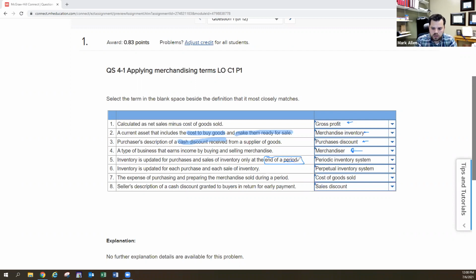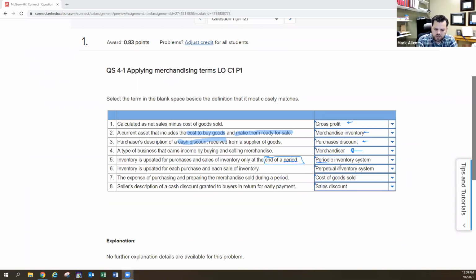We see the word period here. This is periodic, right? That is not a mistake. That's not a coincidence, right? That is intentional, indicating to us that we will only update inventory for purchases, notice, and sales. So not just one or the other, right? But we indicate purchases and sales at the end of the period.